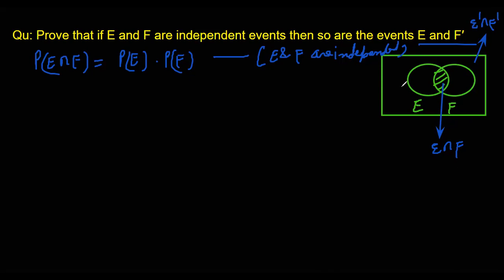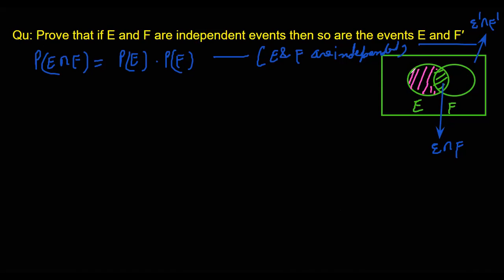Now, how can I write the event E? Let's say E intersection F complement is everything outside F, right? So this portion here in pink will be E intersection F complement.